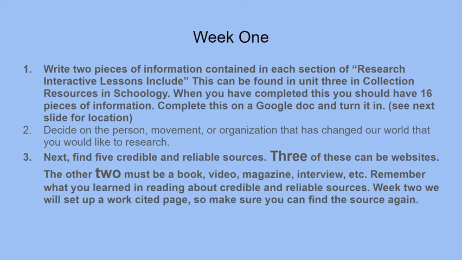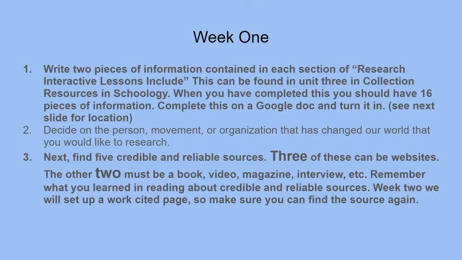So here are further instructions. This goes along with the museum and preparing to get everything together that you need for your museum and your research project. This is coming out of Unit 3. You're going to write 2 pieces of information contained in each section of Research Interactive Lessons Include.